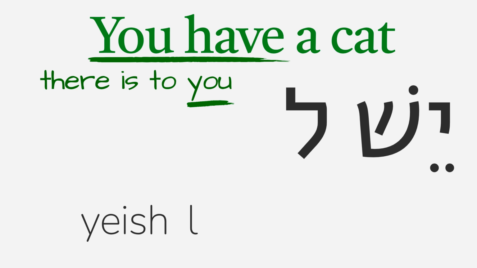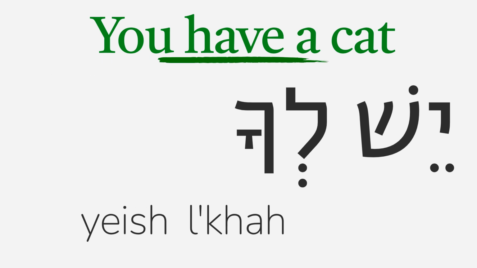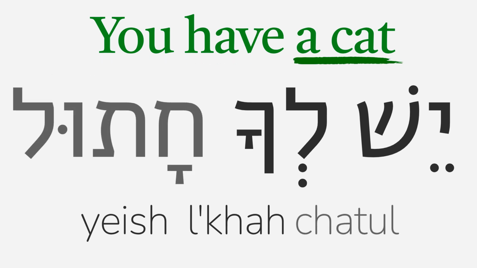For now, let's go with the masculine singular form, cha. We attach cha to the preposition la to get lacha, to you. Yesh lacha, there is to you. That is, you have. A cat in Hebrew is chatul. Yesh lacha chatul. You have a cat.